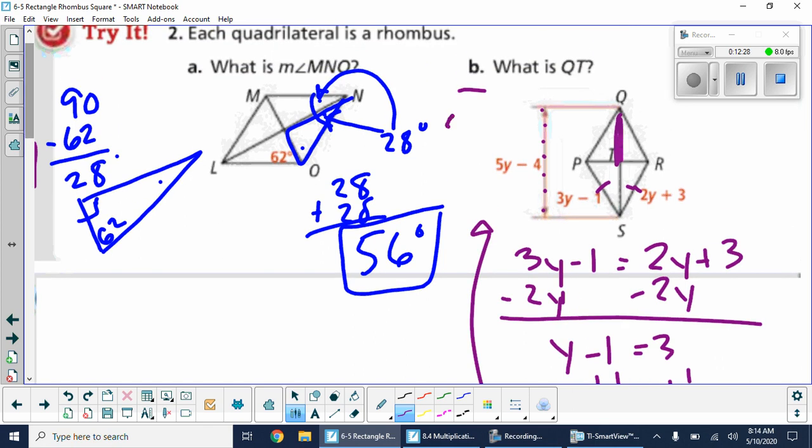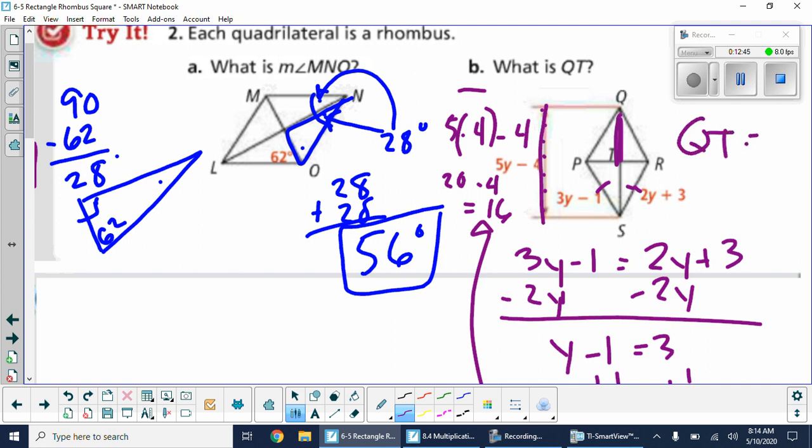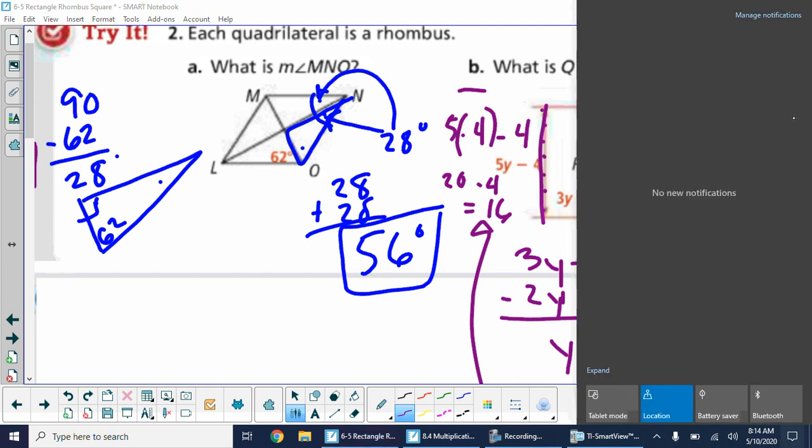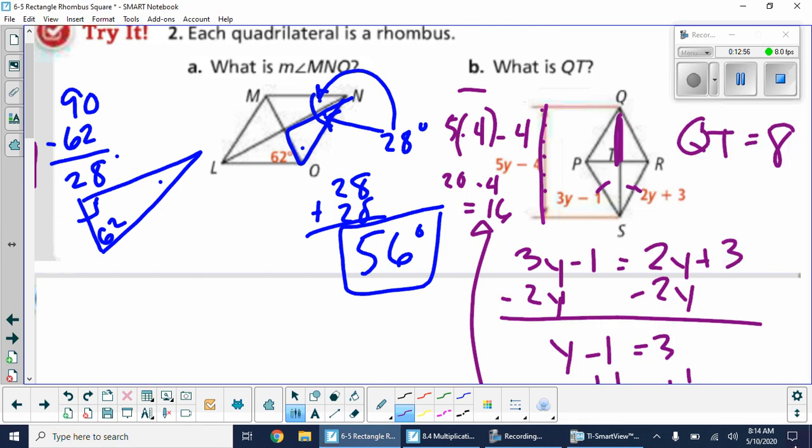So 5 times 4 minus 4. 5 times 4 is 20. Minus 4, and that's 16. That tells us this whole thing is 16. So QT is half of that. What's half of 16? It's 8. So therefore, sorry about that. What's half of 16? It is 8. So QT is going to be 8.